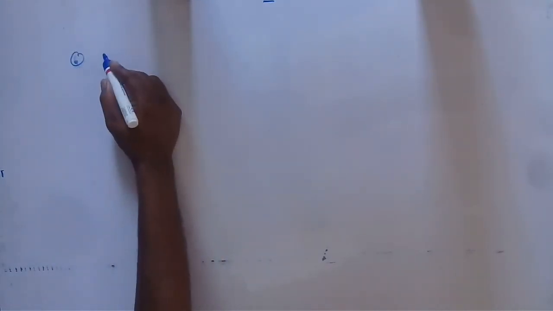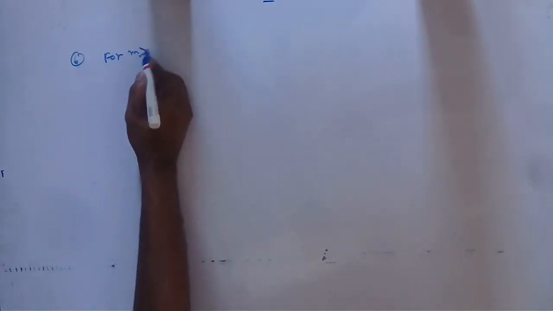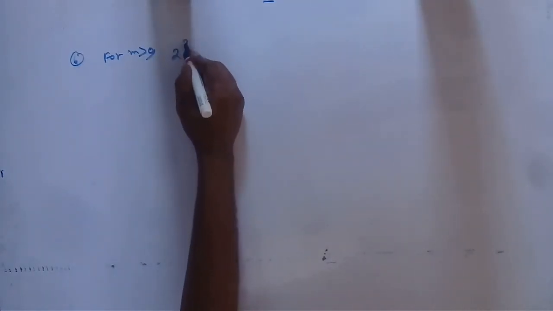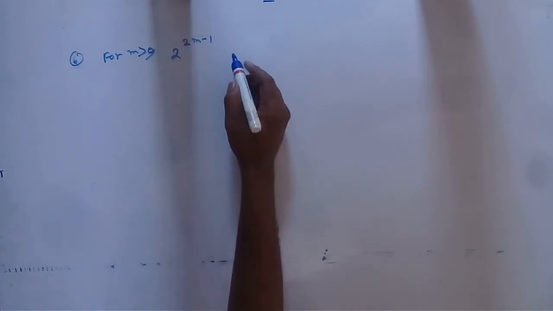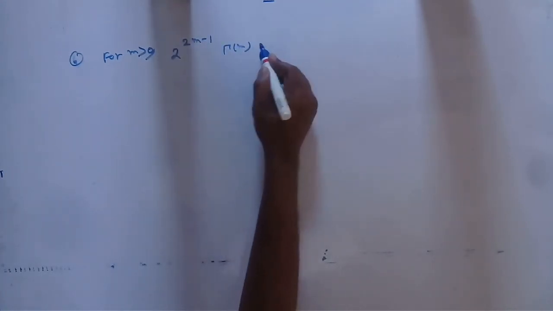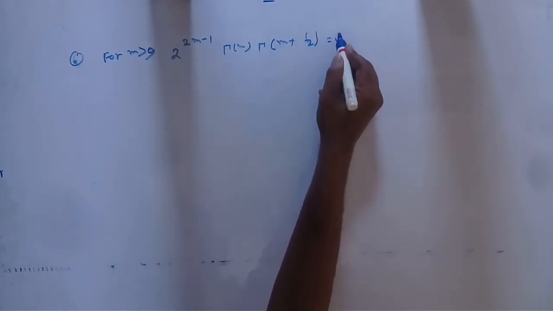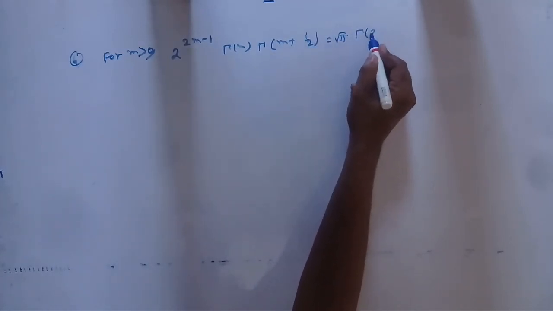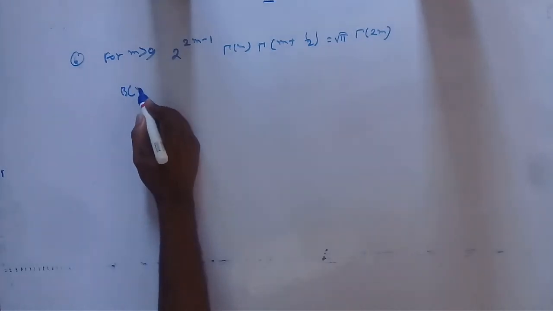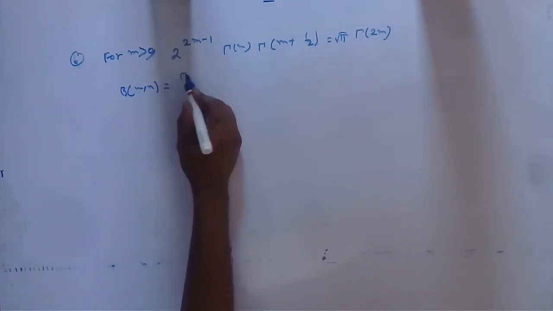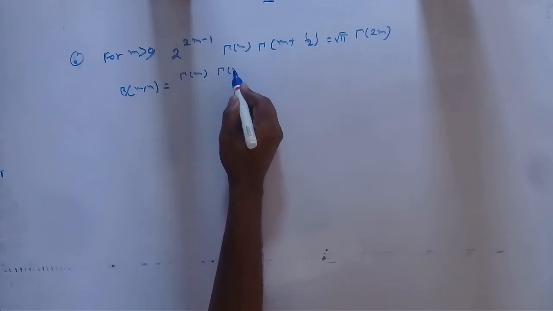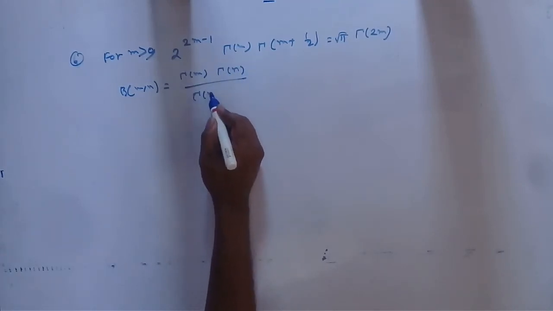Property number 6: for m greater than 0, 2 to the power 2m minus 1 gamma(m plus half) equal to root pi gamma of 2m. So from the definition of beta function we get beta(m,n) equal to gamma m gamma n by gamma of (m plus n).